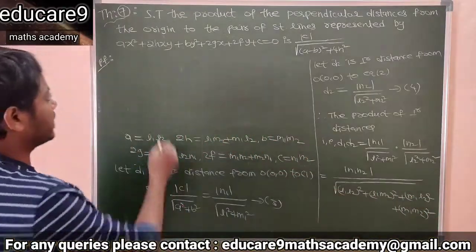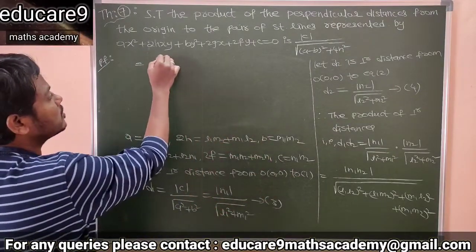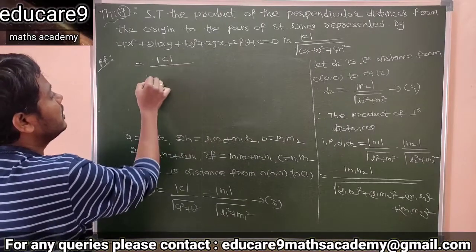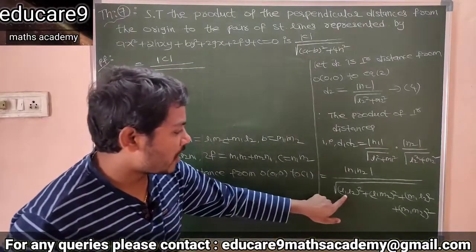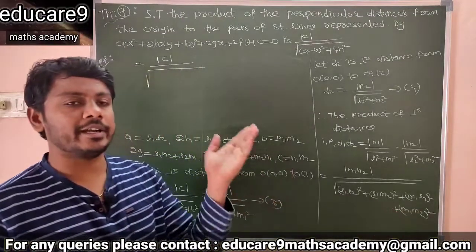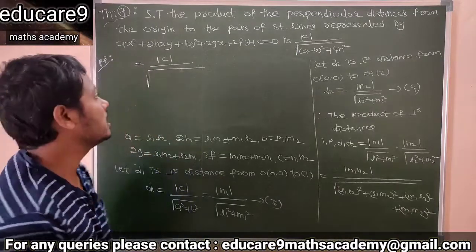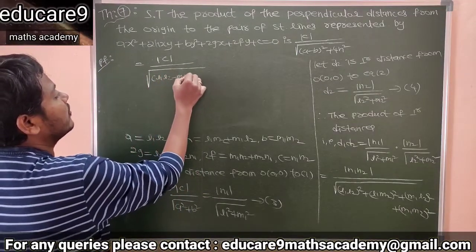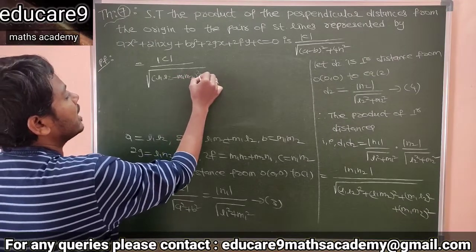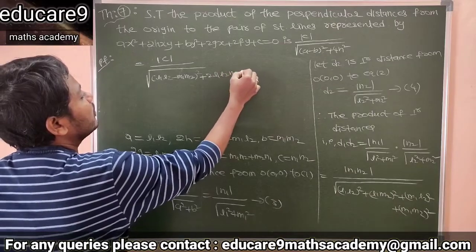Okay. Now here the modulus of N1N2 is |c|. So divide by the square root of, for the first and last term, of the form a² + b², that can be written as (a − b)² + 2ab, that is (L1L2 − M1M2)² + 2L1L2M1M2.